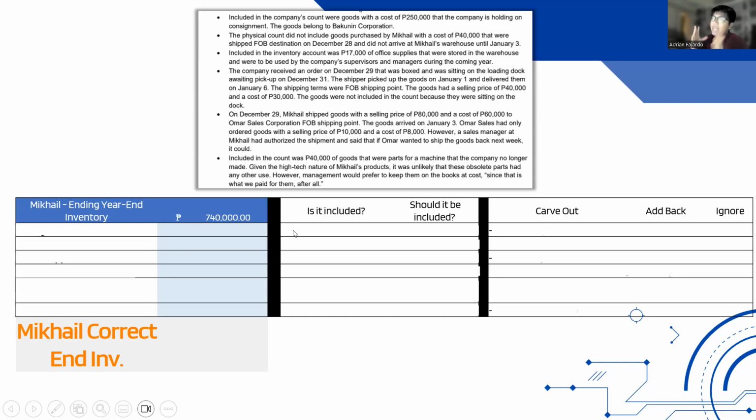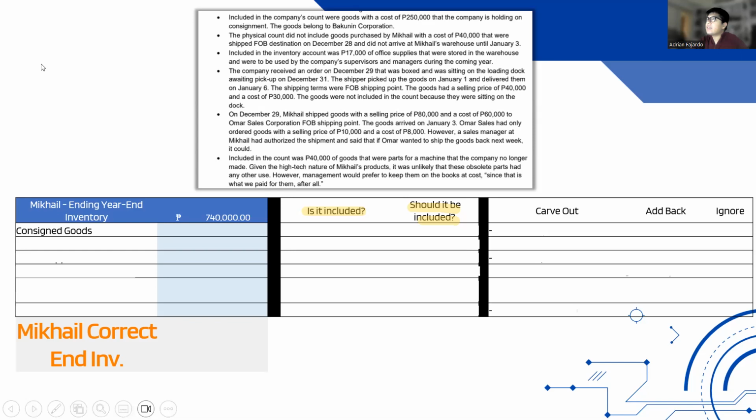So in-include ba niya, based on the 740,000? Yes or no? And then, should it be included? And then, meron tayong different scenarios depending on the combination. So, let's do this line by line.